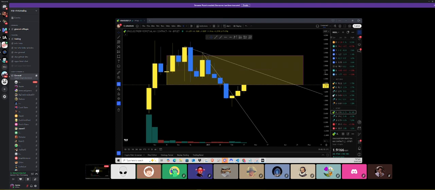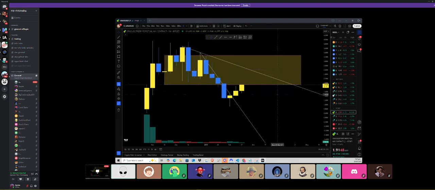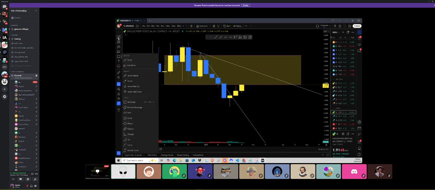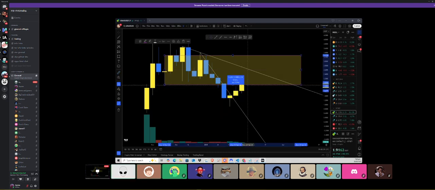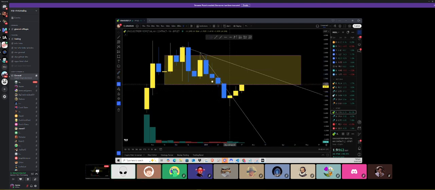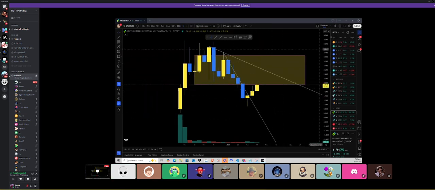One box, two lines. When that candle closed down there, that was a swing trade. It was just a 13% move, but still, 13% with two lines in one box.